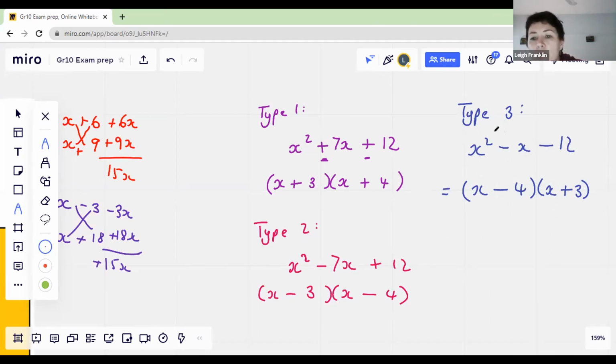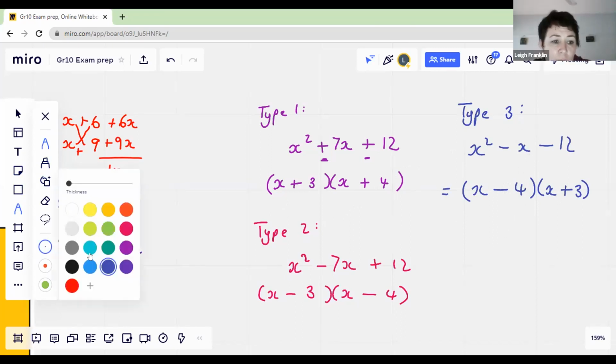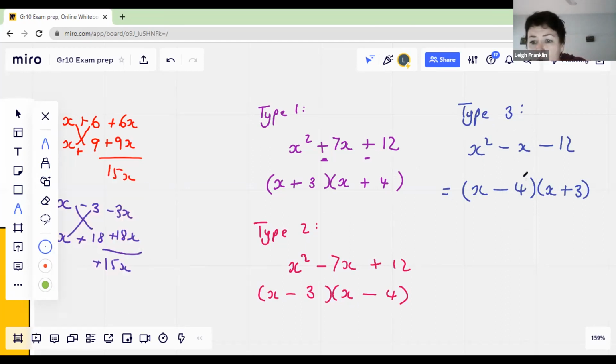Because the middle term, the one that I'm drawing the circle around right now, is negative, the larger of the two factors, so in this case 4 and 3, the larger number 4 had to be the one with the negative sign. Because to get this middle term, remember we're doing the opposite of FOIL. So to get this middle term, it's this together with that.